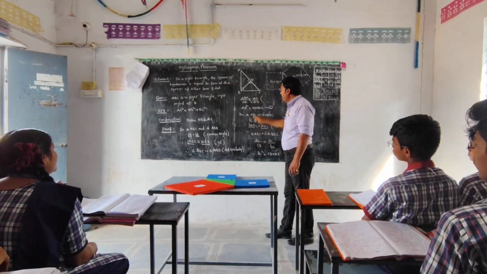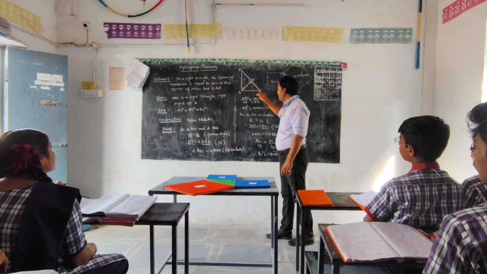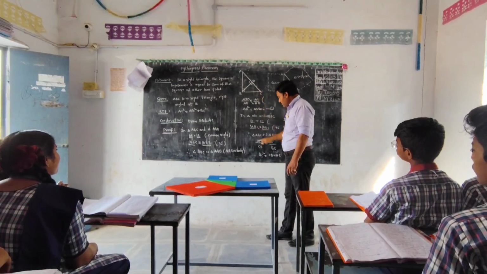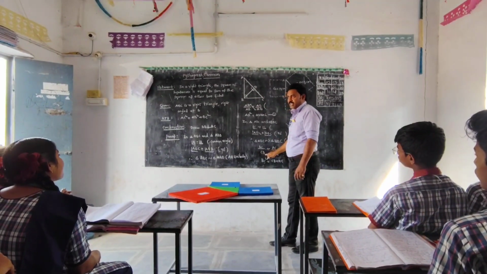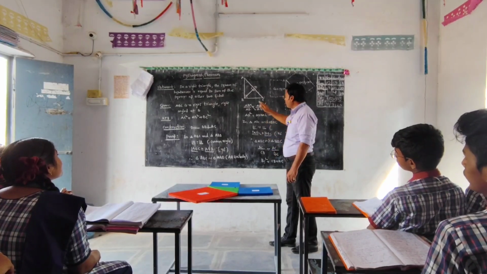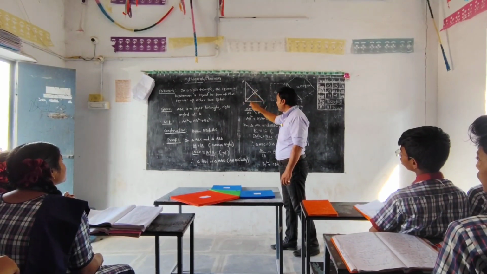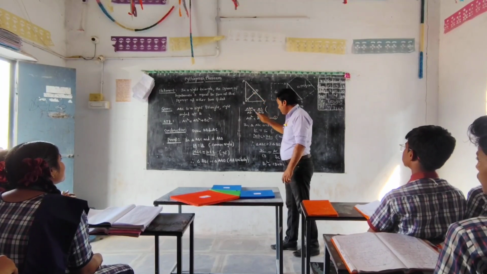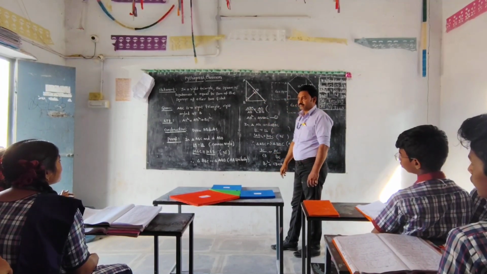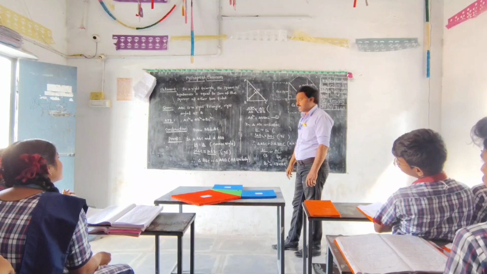BC by, before I took AD, now I have to take CD. So BC by CD ratio is equal to AC, the right angle opposite side, by BC, the right angle opposite side. These two ratios are equal.